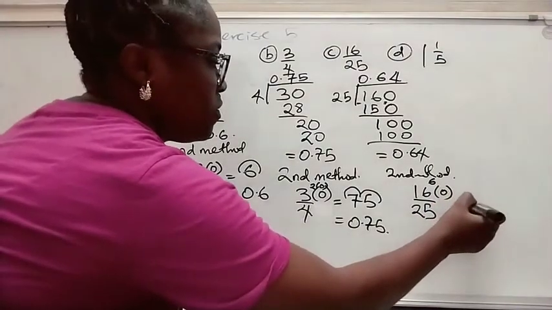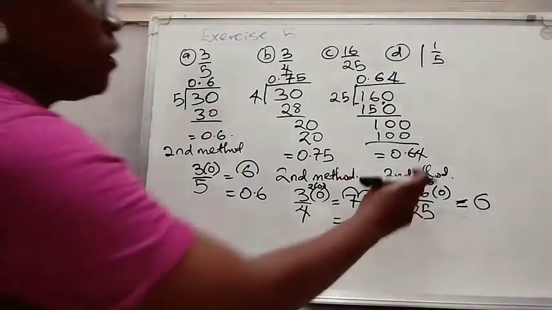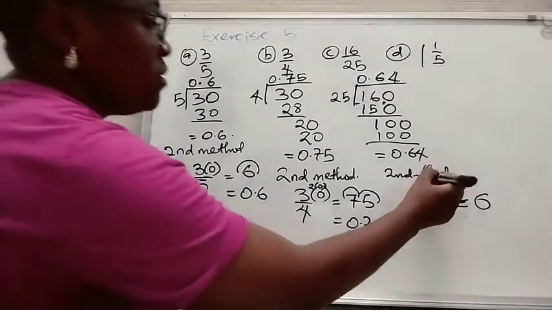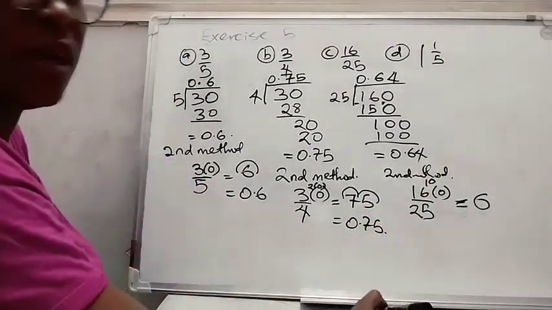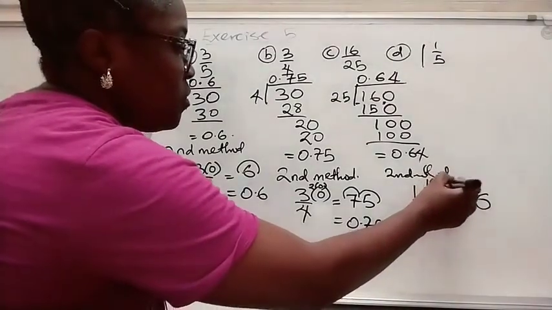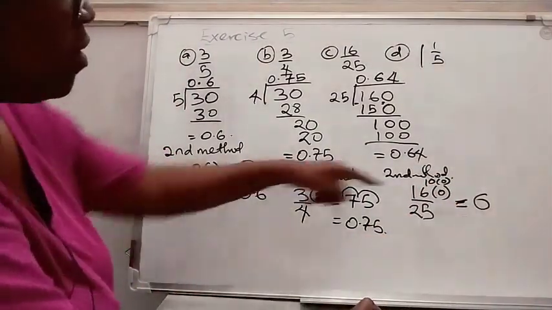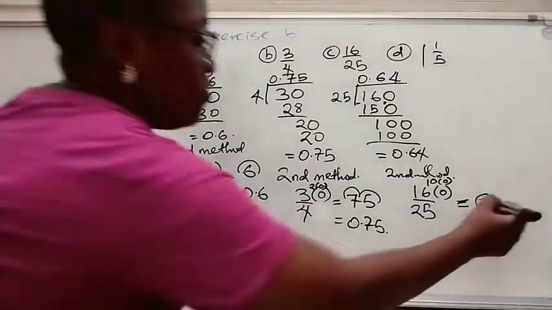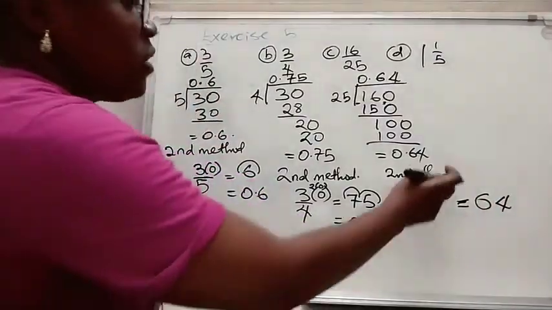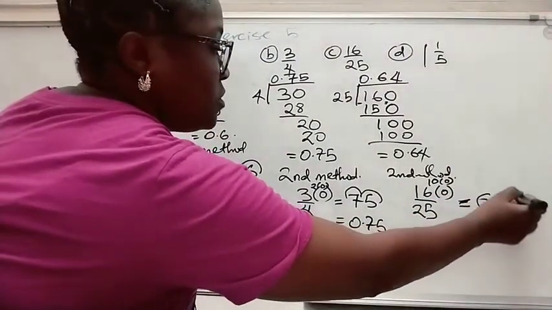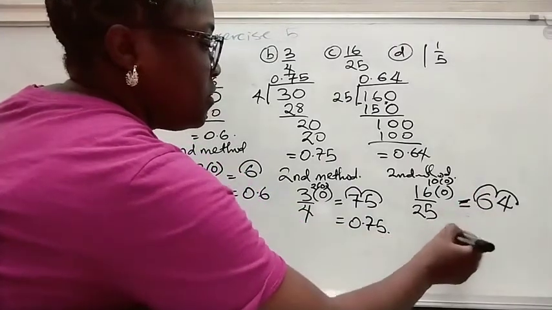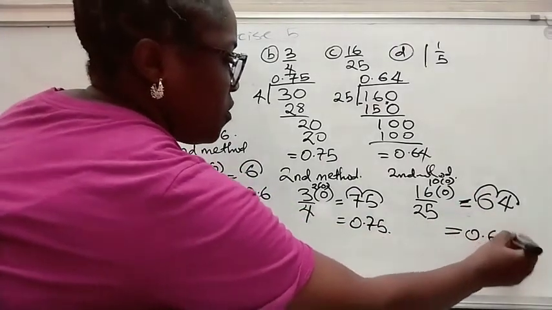Will give us 6. Remainder 10. Okay. Another imaginary 0 gives us 100. 100 divided by 25 gives us 4. So because we had 2 imaginary zeros, we count 2 decimal places, giving us 0.64.